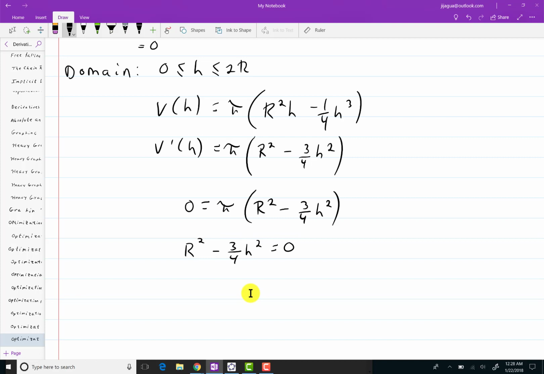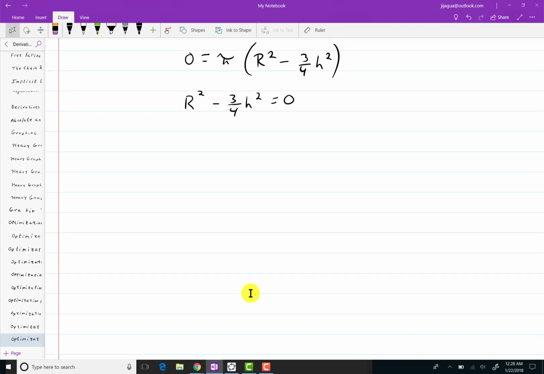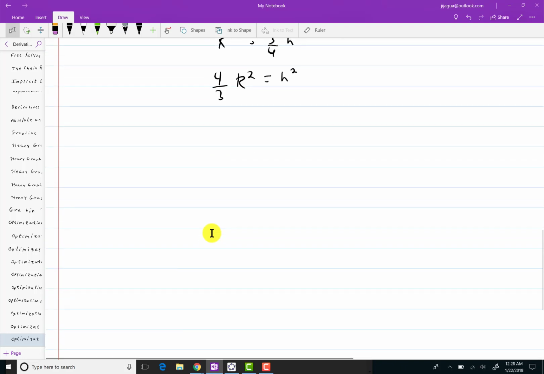I will take the 3/4 h squared to the other side of the equation, so I get R squared equals 3/4 h squared. Multiply both sides by 4/3, so I'll get 4/3 capital R squared equals h squared. And then solving for h, I will get 2 over the square root of 3 capital R equals h.